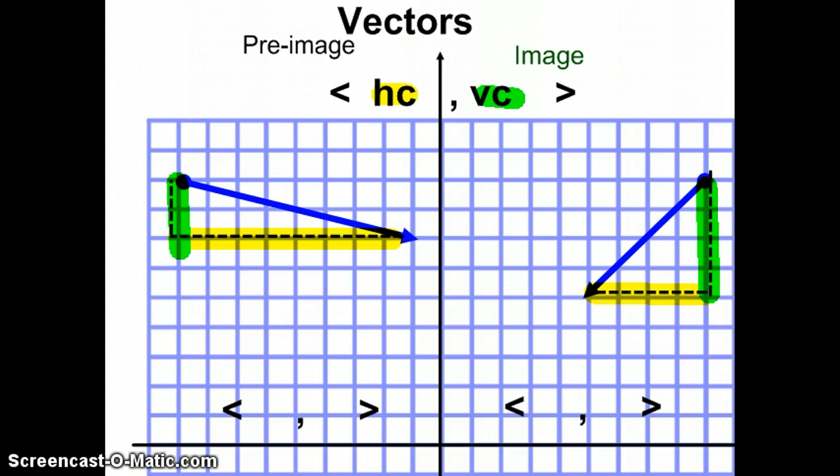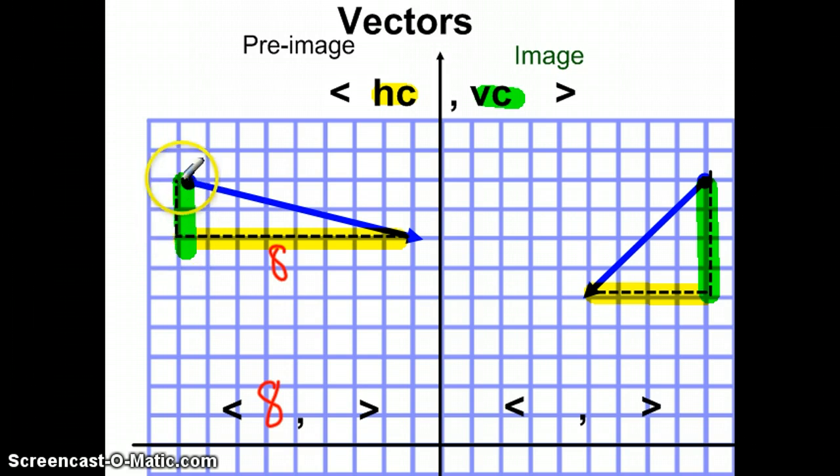So in this particular case, the horizontal component is going to be the horizontal distance between the initial point and the terminal point. So in this case, it's going to be a horizontal component of 1, 2, 3, 4, 5, 6, 7, 8, and a vertical component of 1, 2.